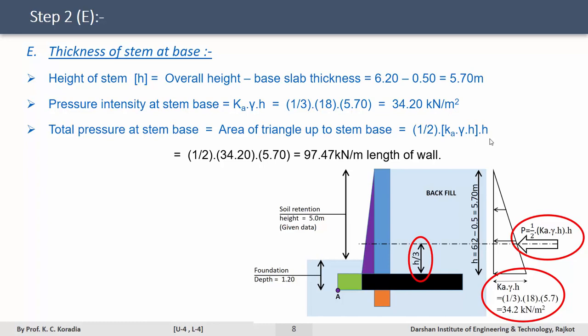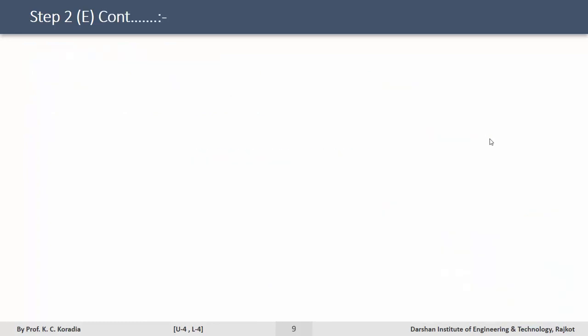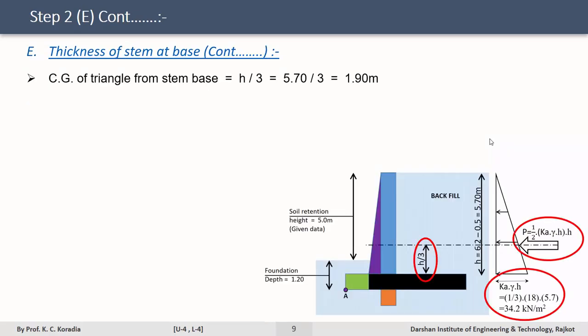Here we have considered 1 meter length of the wall, so this pressure exerted is for 1 meter length of the wall. Therefore, the CG of a triangle will be at 1/3 of its height, that is 5.70 divided by 3, which comes out to be 1.90 meter.